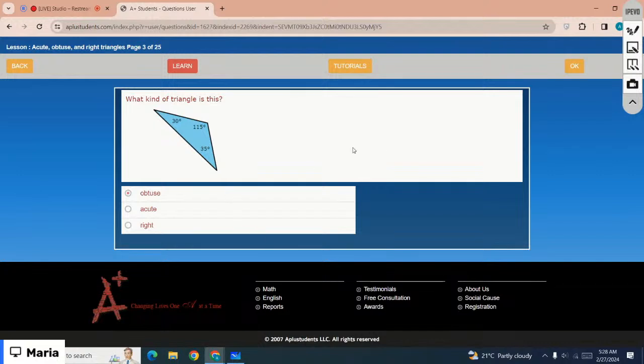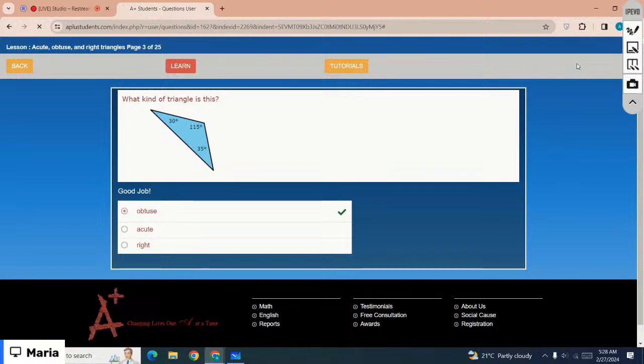It is because one of the angles is greater than 90 degrees, so that is an obtuse triangle, right?